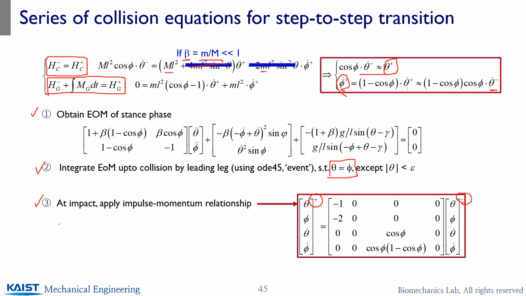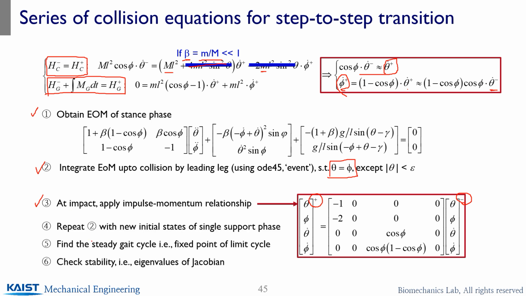And what's next? You are now starting a new simulation, a new initiation of the swing. So you repeat these procedures until you find the steady-state gait, the repeated gait cycle, the fixed point. Then check whether your obtained fixed point is stable by checking the eigenvalues.